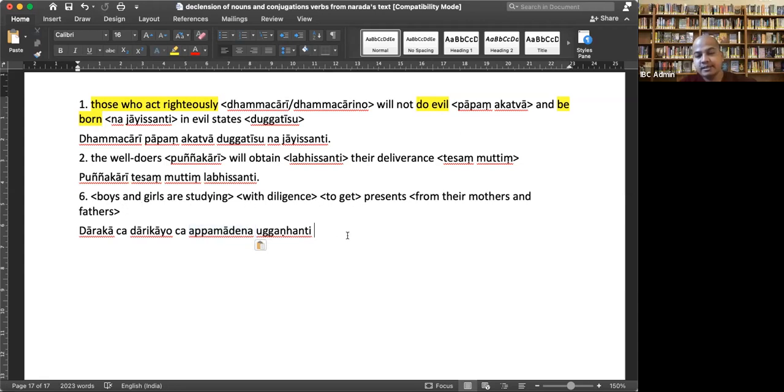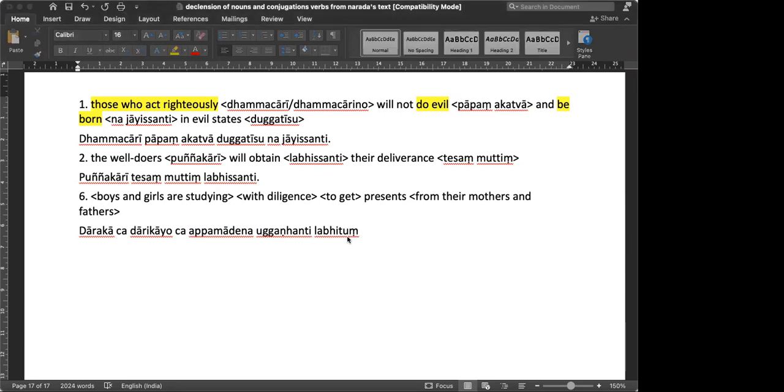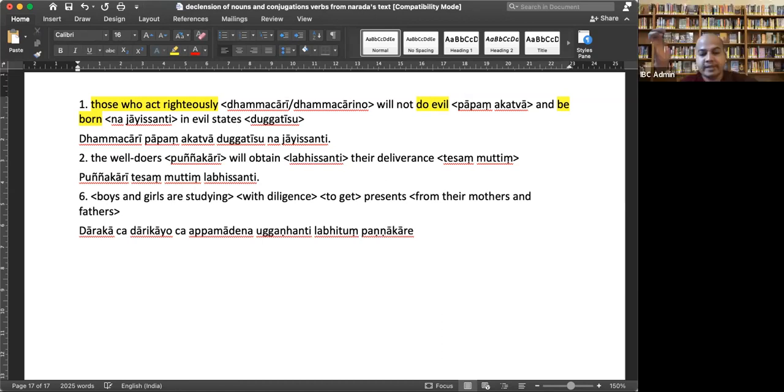To get. Get means obtain. The word for getting is labati. So here it is infinitive, so it should be labitum. Presents. What is the word for presents? Pannakara. Pannakare, this is plural. Presents.